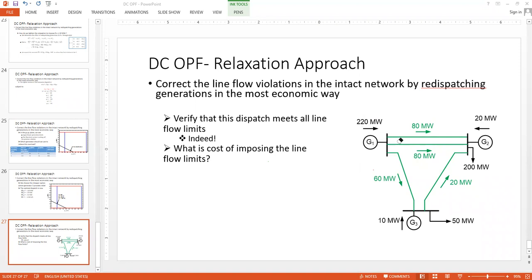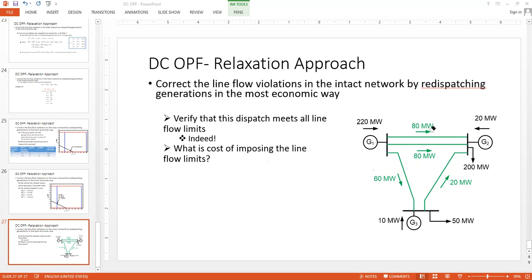So this is one example of DCOPF application where we have seen that we can go for a fully relaxed approach to begin with, and then check back for line flow limit violations. And we have also shown what we can do if there are any line flow limit violations. With the help of the GSDF, we can rectify them.